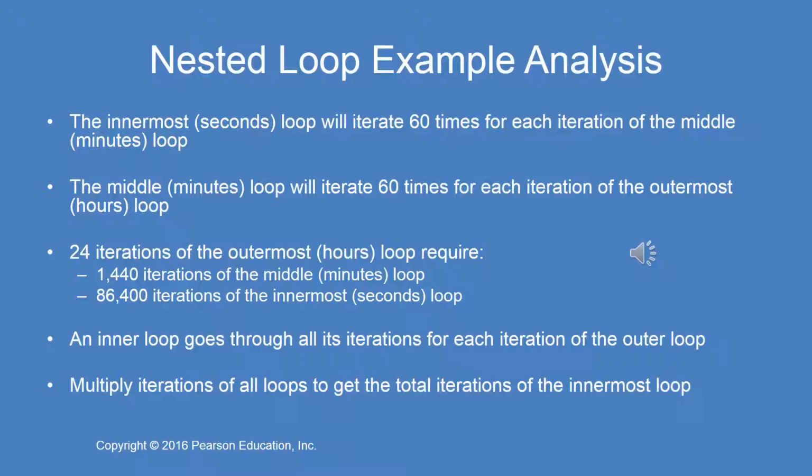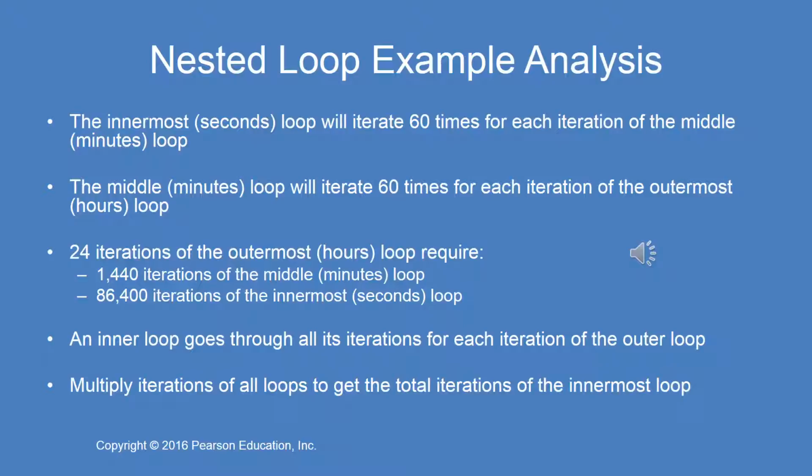Okay, I'm getting a little ahead of myself, but this slide pretty much describes what I just described. The innermost seconds loop iterates 60 times for each single iteration of the middle minutes loop. The middle minutes loop iterates 60 times for each iteration of the outermost loop.